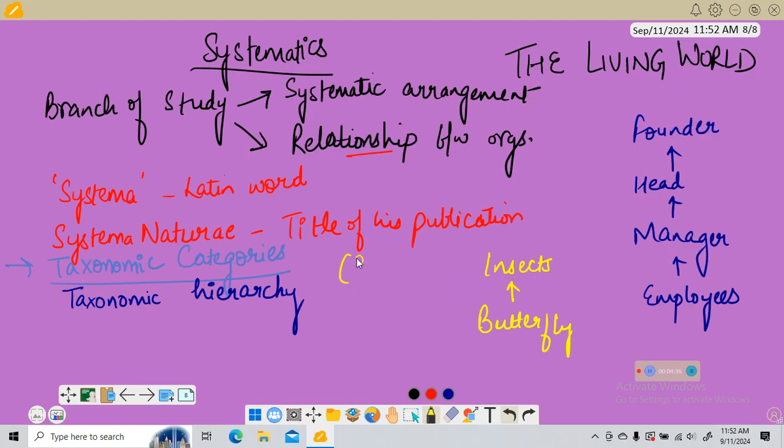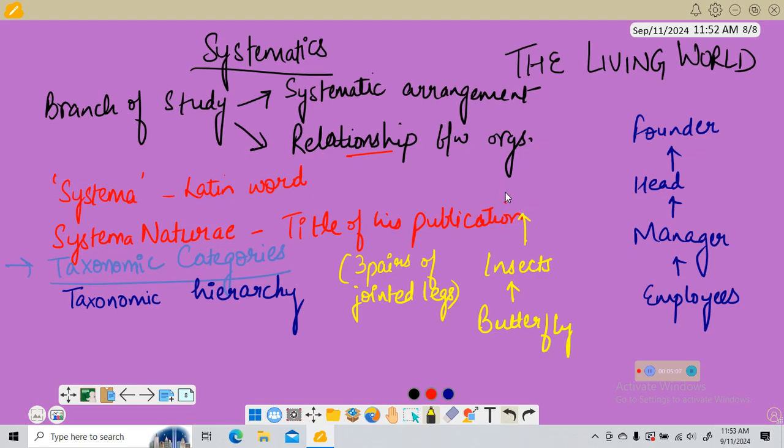All insects have 3 pairs of jointed legs. Physically we can make out that these are insects, so they were given a rank or category. So category denotes rank. Each rank or taxon represents a unit of classification.